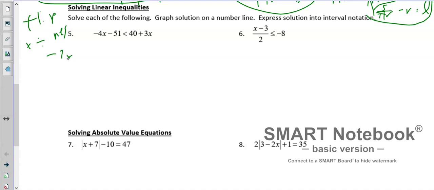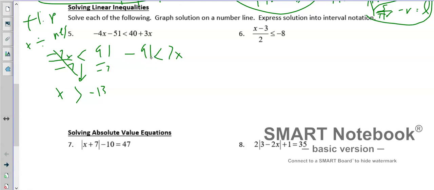If I add 51, it's going to be 91. And then divide by negative 7. And it's going to be x, negative 13, but I have to remember to flip this. If I didn't do that, if I added 4x, the 7x would be over here, and I'd have negative 91, and I would divide by positive 7.